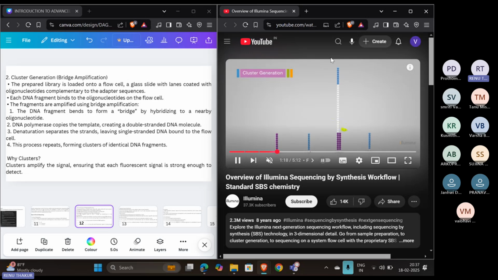When it is added, it goes and binds to its complementary oligonucleotide on the flow cell, and each DNA fragment has bound to an oligonucleotide.